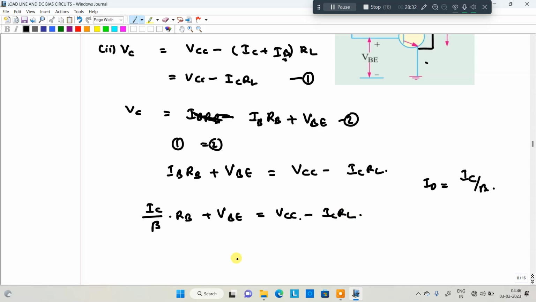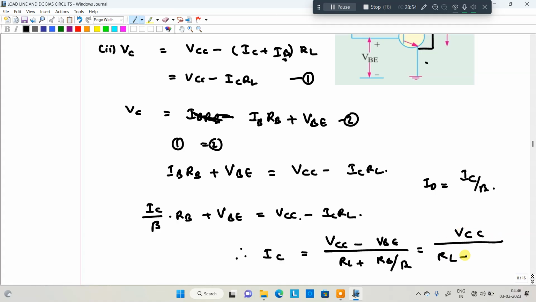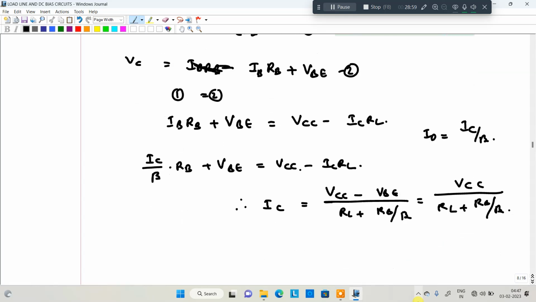So finally IC is equal to VCC minus VBE divided by RL plus RB divided by beta. Okay, if you are neglecting VBE, finally it is VCC divided by RL plus RB by beta. So this is the formula for IC, but how to remember this formula in the examination, we'll see.